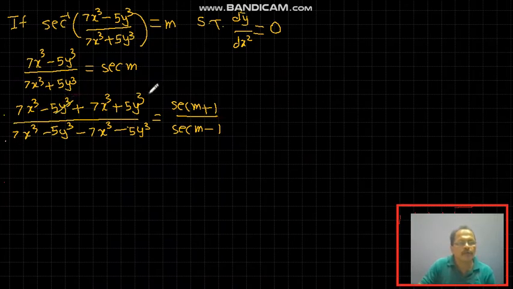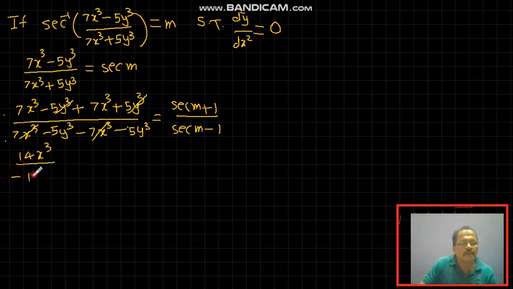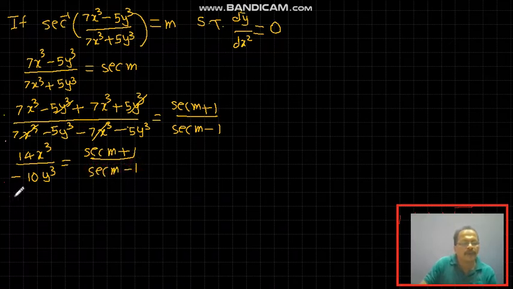Numerator 5y cube cancels, denominator 7x cube cancel out, and we get 14x cube upon minus 10 y cube is equal to sec m plus 1 upon sec m minus 1, and therefore x cube upon y cube is equal to whatever we get is constant.